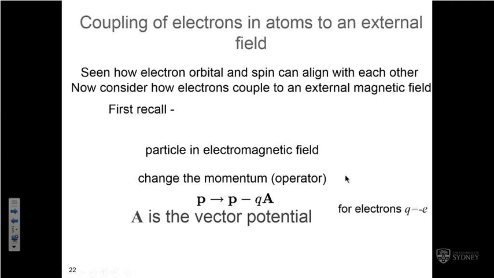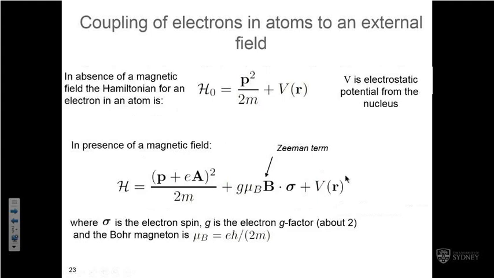Maybe you're familiar with that from your electromagnetism course. So when we don't have the effect of a magnetic field, this is our usual Hamiltonian. This is the potential that the electrons see from the nuclei of the atoms, and this is the kinetic energy. So now it's in a magnetic field.